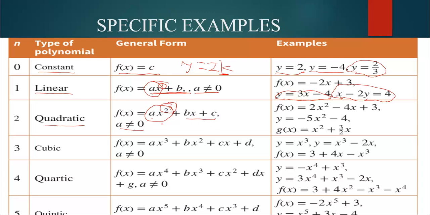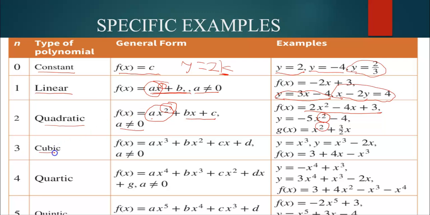So a shouldn't be 0. Now we can have specific examples like this. This is a quadratic polynomial. Always look at the degree. Once the highest degree is 2, then it's a quadratic polynomial.